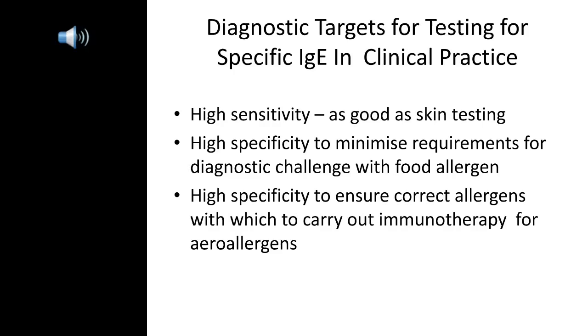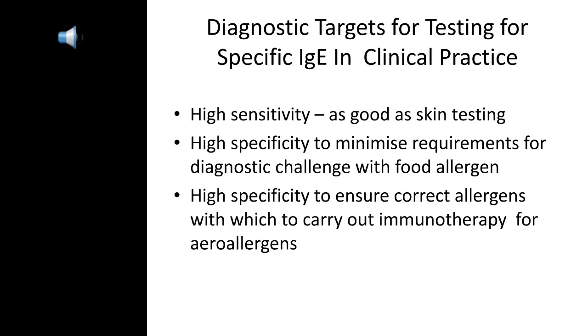So high specificity is important for foods, because you really want to say, if you're negative for that test, you won't react to that food allergen. If you're positive to the test, you will react to the food allergen. And there's quite a high bar in terms of clinical testing, because you can't go around giving foods to these people and then reacting, or in fact restricting their diets for no reason. So you need a very good test.